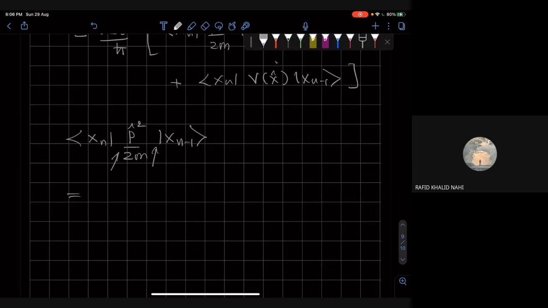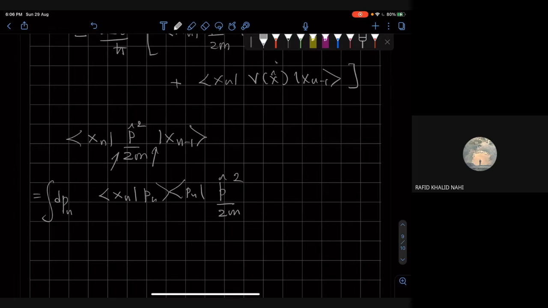We can call them whatever we like. Let's just call them p_n. Of course, that means that I have to have an integral here, the integral over dp_n. And then I'm going to have p squared by 2m.